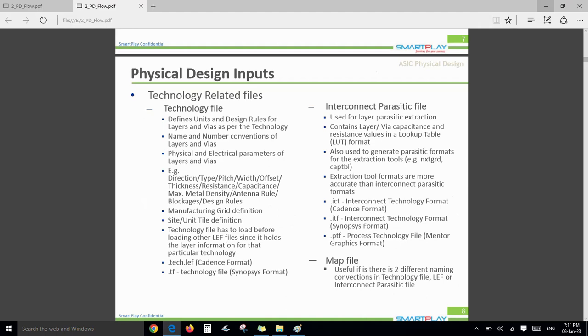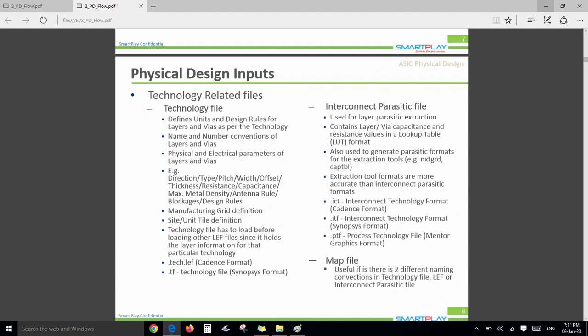And also used to generate extraction tools, and extract tools in the format of interconnect parasitics formats. So like it is .ict for Cadence format, .itf in Synopsys format, .ptf in Mentor Graphics format.